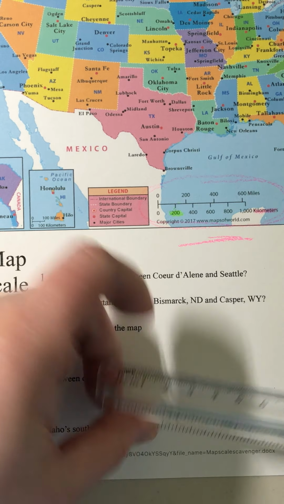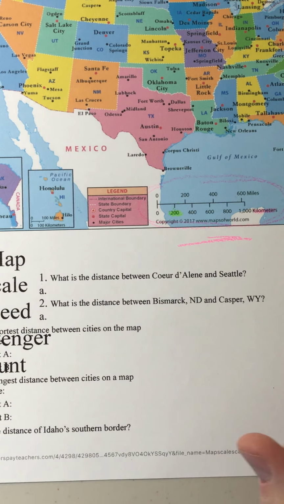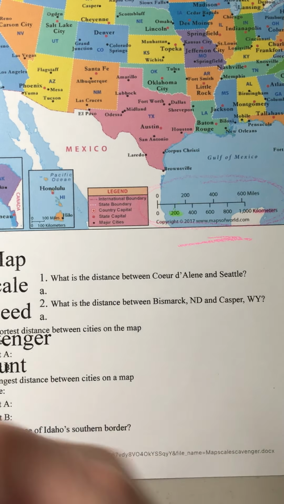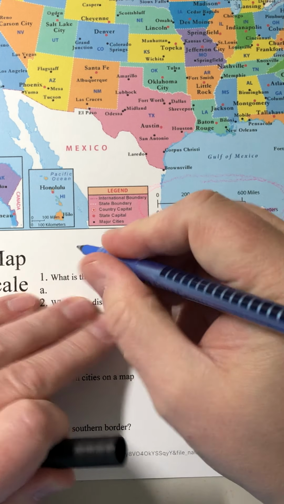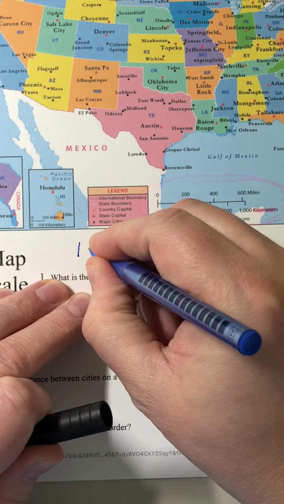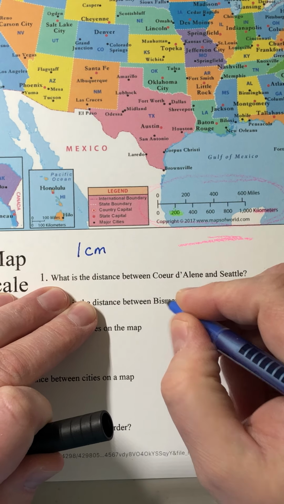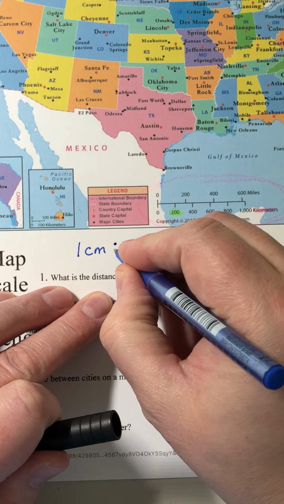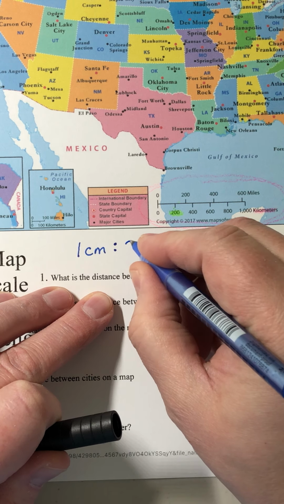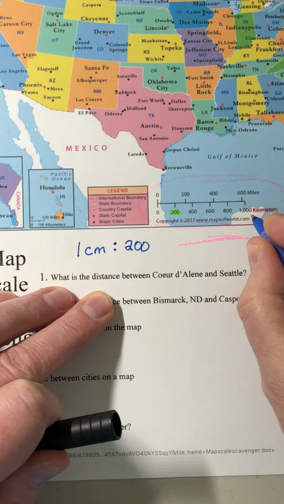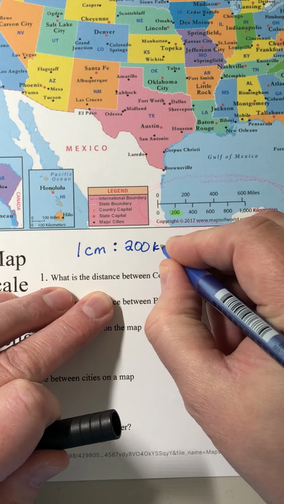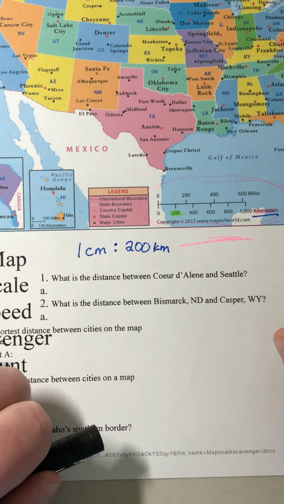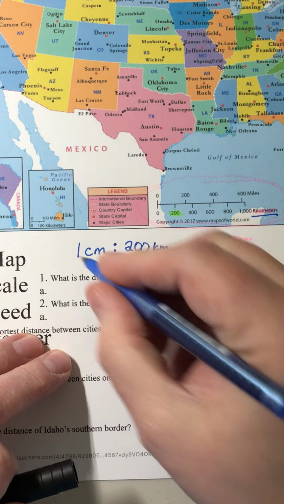All right, so my scale will be 1 centimeter on the map represents 200 kilometers in real life.